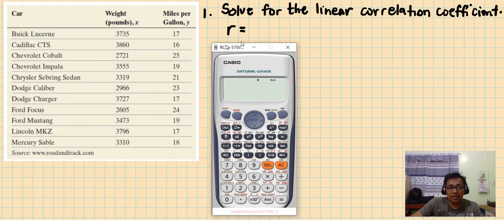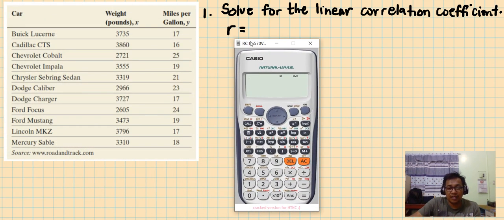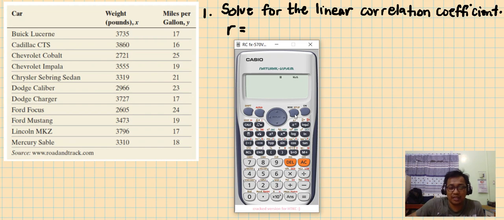So, here is my calculator. And let us input the given data. Let's go to mode, stat mode. So, mode 3, and then regression. We have to choose 2, the linear regression here. And then we input the data.